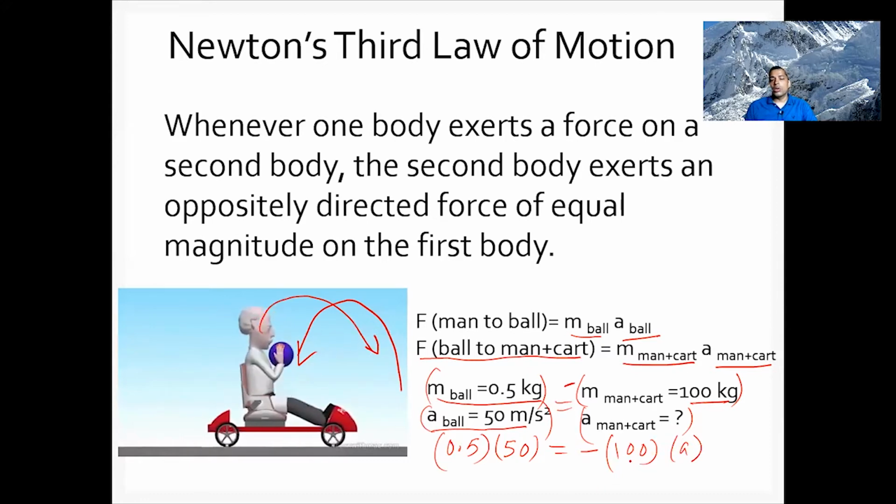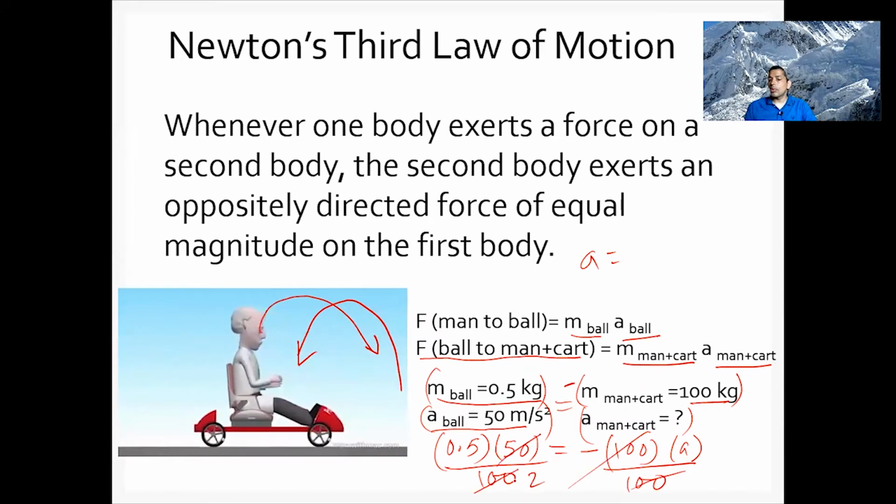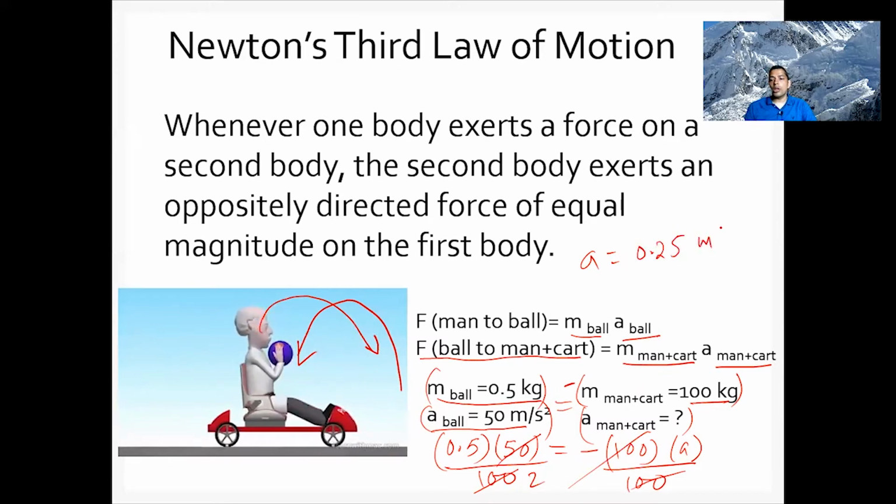So from here, how do you find the acceleration? Divide both sides by 100. This 100 cancels out. You get 50 times 0.5 over 100, so 0.25 meter per second square. The acceleration of the man plus cart is negative 0.25 meter per second square. Negative meaning it's in the opposite direction.